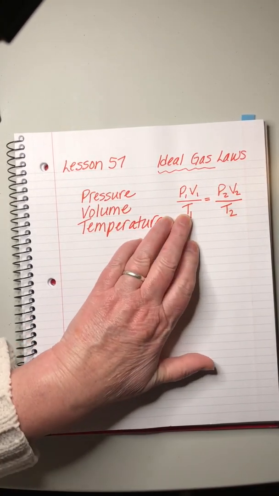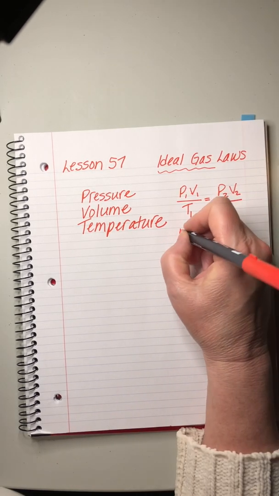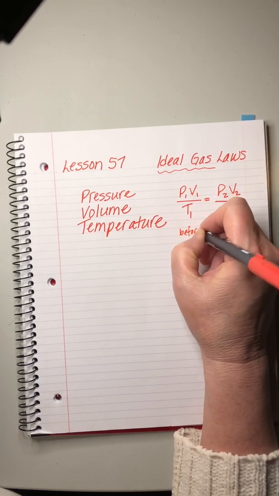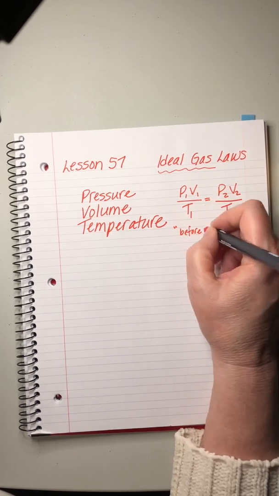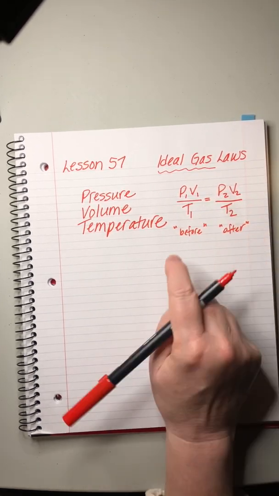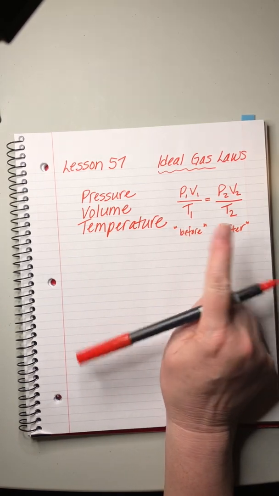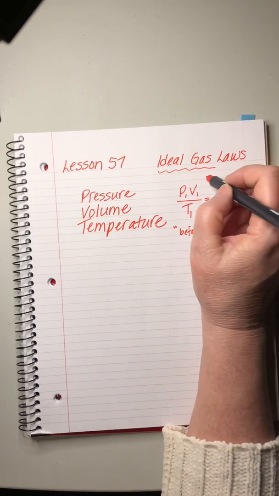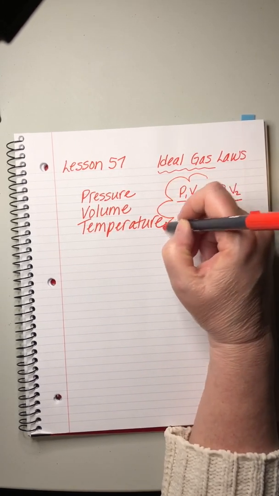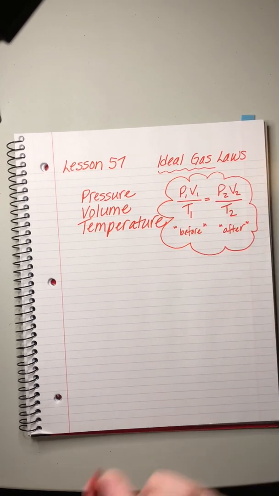So this will be the before and this will be the after, so to speak, right? And the problem will make it clear how we're changing things. These are the kind of problems where we're going to get 5 pieces of information and solve for the 6th. All right? So this is what you need to remember to do these problems. You need to remember that formula.